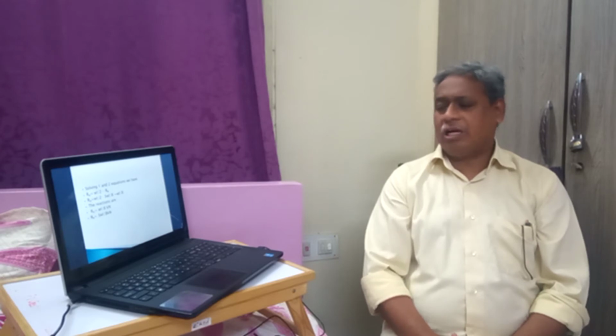Next, solving the first equilibrium equation, we have got that RA plus RB is equal to WL by 2. Therefore, RA is equal to WL by 2 minus RB, that is WL by 2 minus 3WL by 8. By taking the LCM we get RA is equal to WL by 8. The reactions are WL by 8 and 3WL by 8.